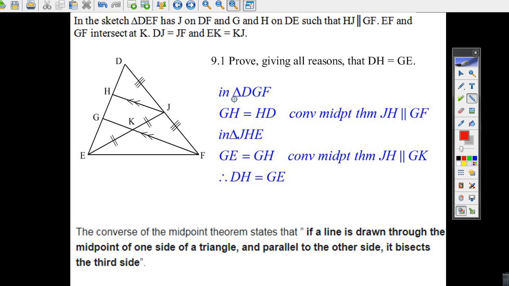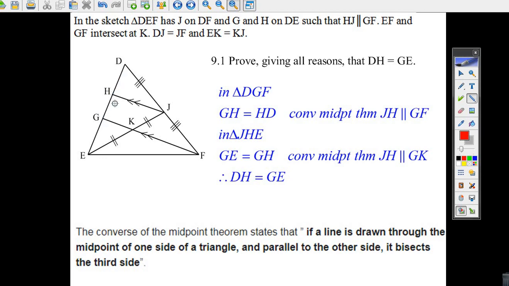Well, the first thing, in triangle DGF, so just look at that triangle right there. We've got 2 things going on here. From a midpoint, we've got a parallel line going over to another point. Now the converse of the midpoint theorem says that if a line is drawn through the midpoint of one side of the triangle and it's parallel, it'll bisect the other side into 2 equal pieces.